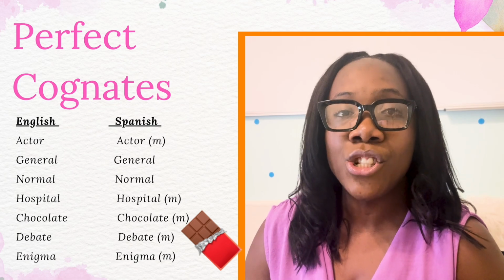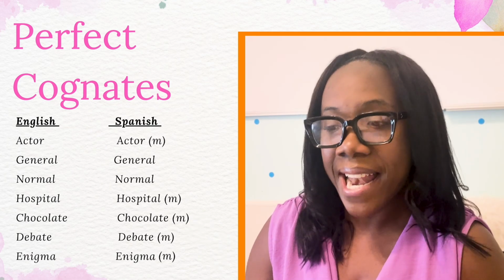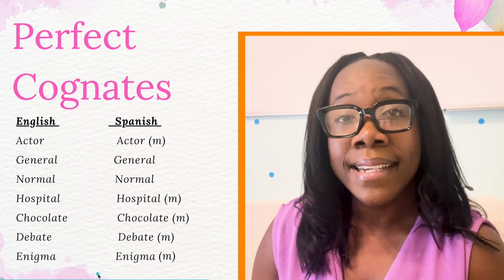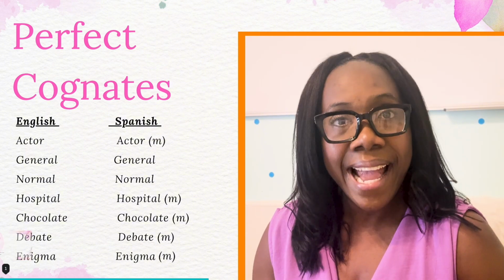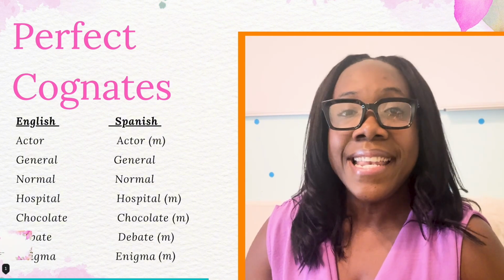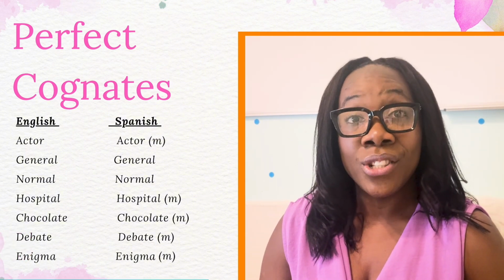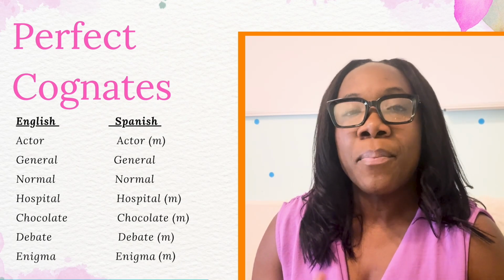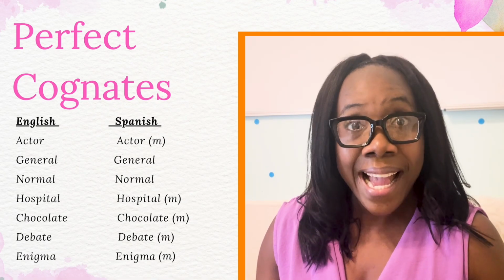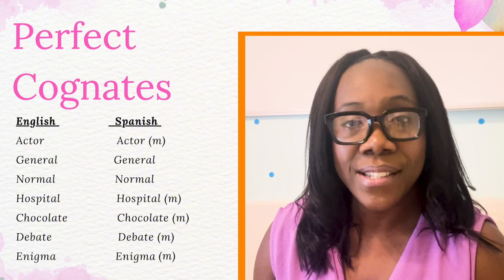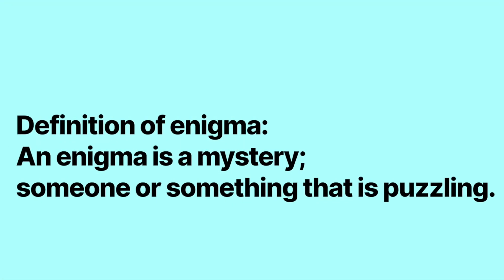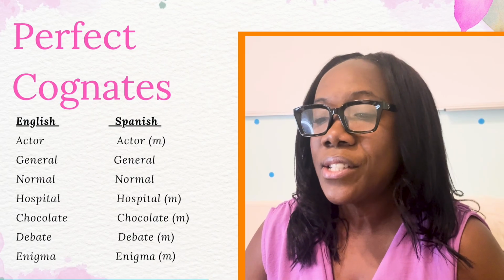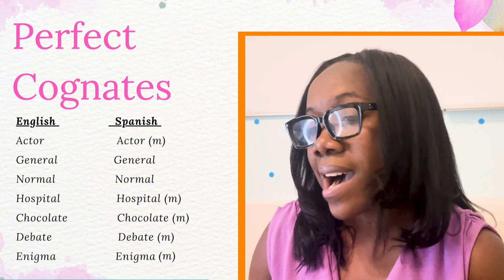Chocolate, English, chocolate, Spanish. Debate, English, debate, Spanish. Enigma, English, enigma, Spanish. So for enigma, the pronunciation is actually the same in both languages. For those of you wondering just what an enigma is, it is a mystery. All right. So these are some examples of perfect cognates.